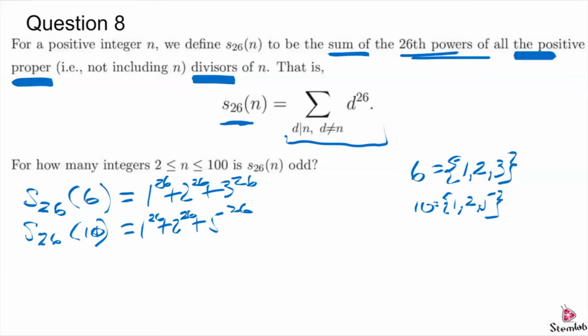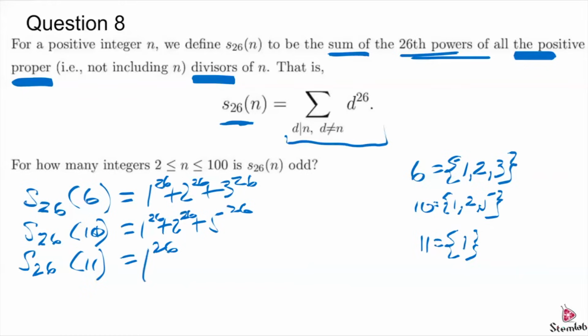And we could test out a different number. Let's say s sub 26 of 11. It turns out that the proper divisor of 11 is fairly simple. It's just 1. So this is just 1 to the 26.